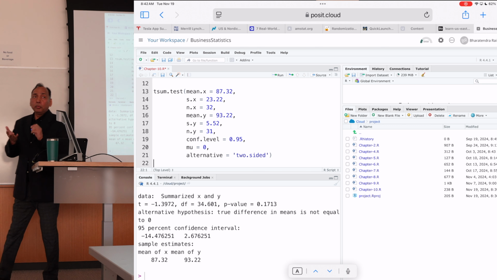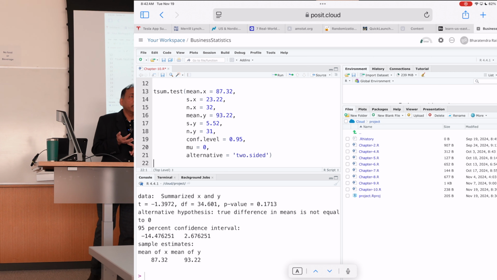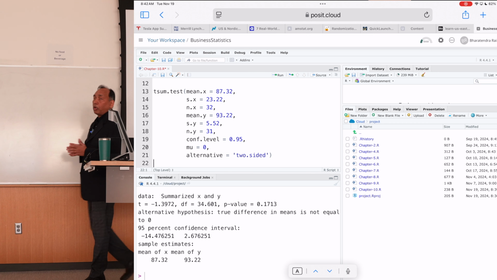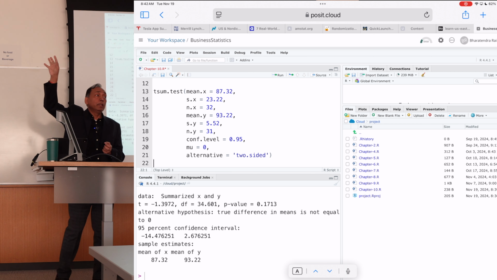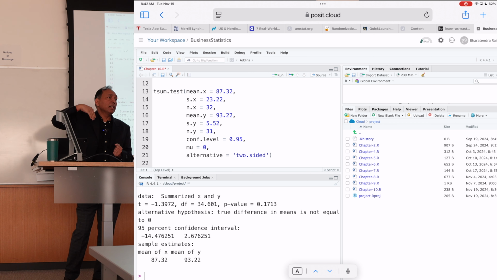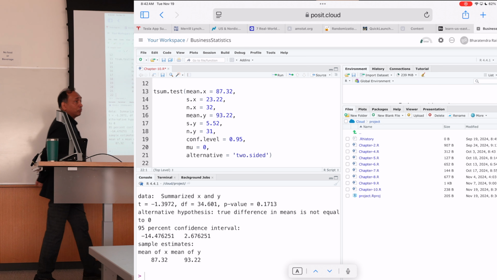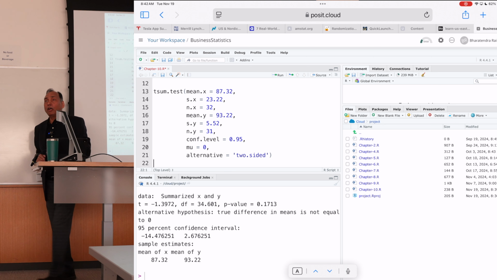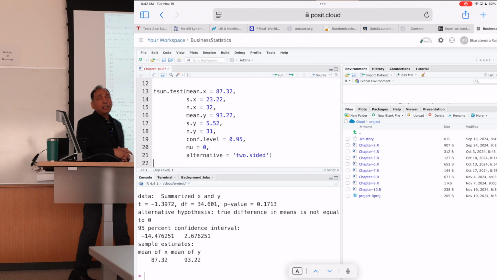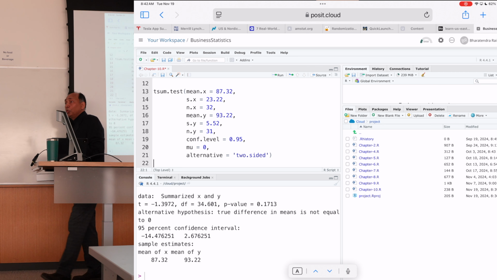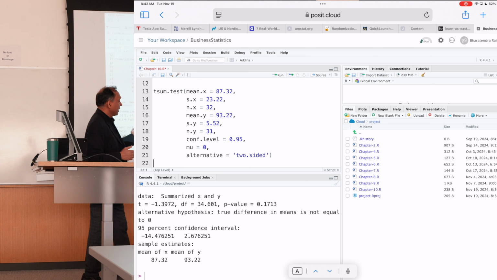So it looks into not only the mean looks very different, but then it also looks into the standard deviation, your sample size, uses proper distribution, and then tries to give some idea about what will happen in the population. If I run this class for next 10 years and I get like 3,000, 4,000 students, so we are thinking of that population, how they will do. So it will happen that in many semesters, students in taking test 2 will score better than test 3. It is very likely because there is no difference.